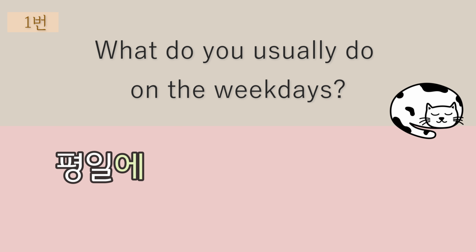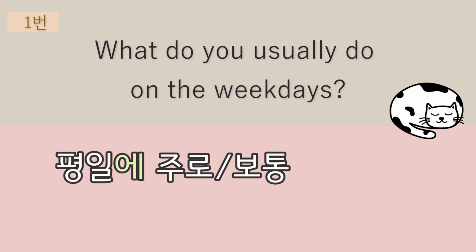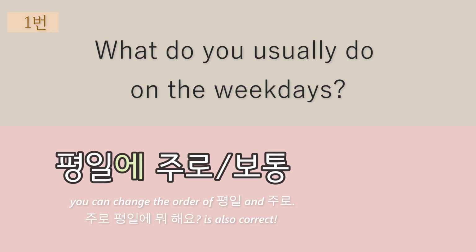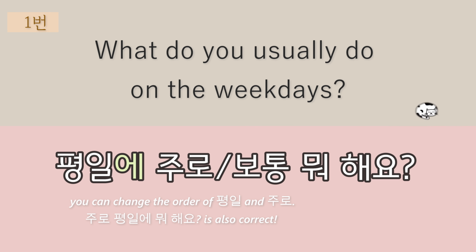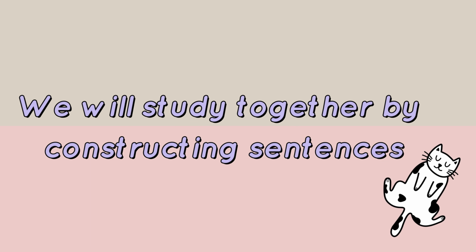Then, usually, 주로 or 보통. After that, what, 뭐, the verb at the end. 해요. 평일에 주로 뭐 해요? 평일에 보통 뭐 해요? We will study together by constructing sentences like this.